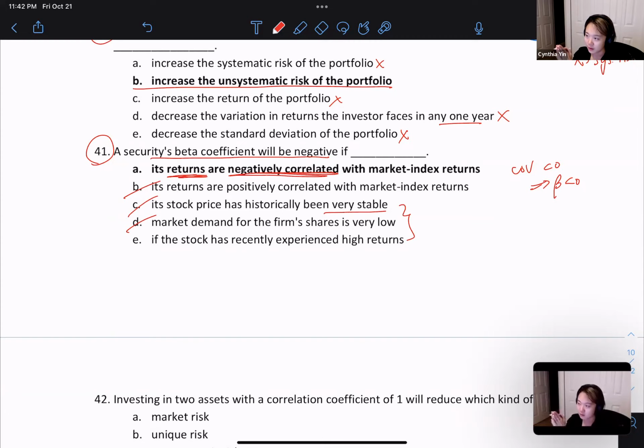It's all about its individual stock return performance. You can observe it, but it cannot tell you anything about whether the stock is moving with the market or not. And beta, again, is only about co-movement with the market, not about its own volatility. So CDE are totally wrong in this sense.